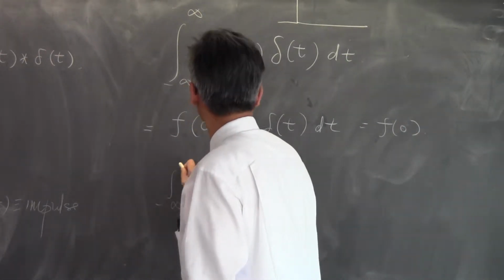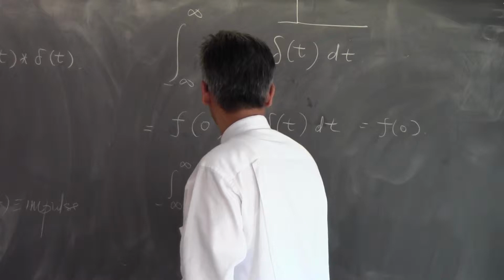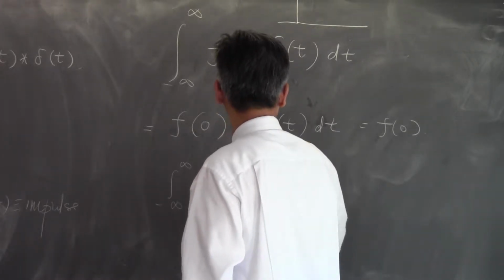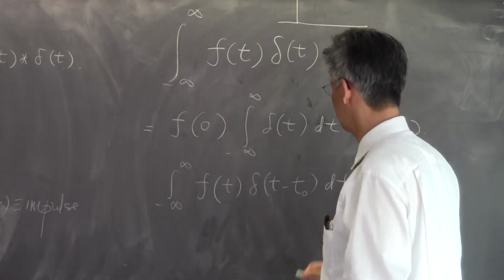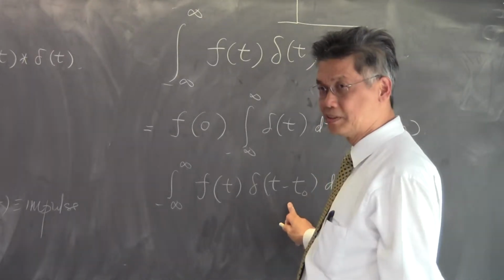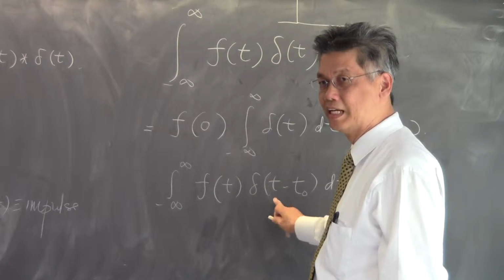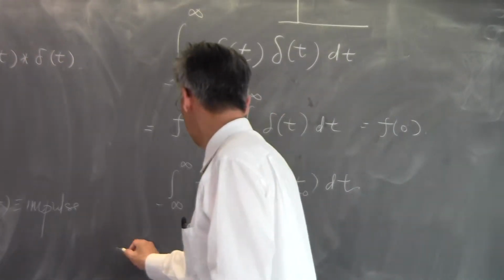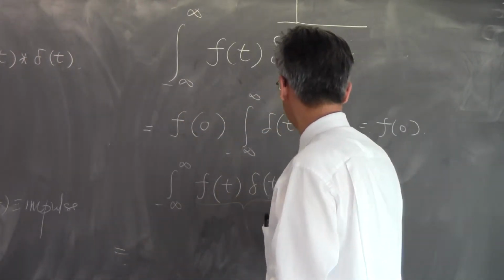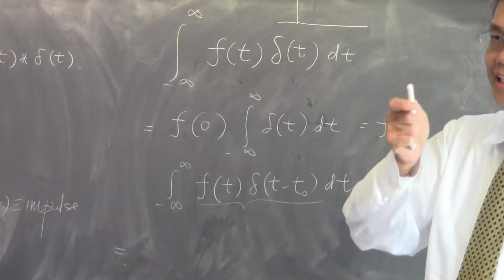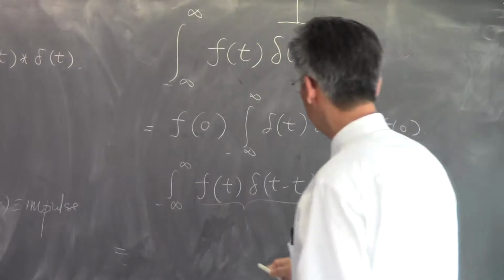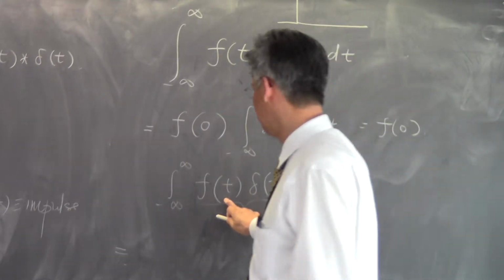Another property is that if you have the impulse function shifted and integrate, okay, so this impulse function is going to be infinity only at t equal to t0. So if you look at the integrand, where does it peak? Where does it go to infinity? It goes to infinity at t equals t0. Only the value of this function at t0 matters.